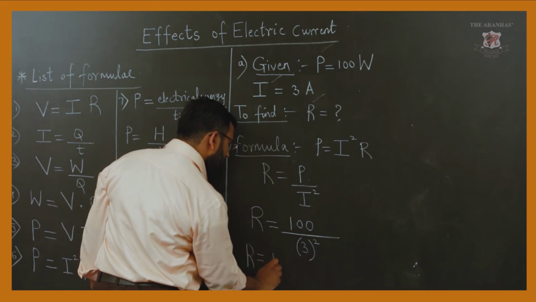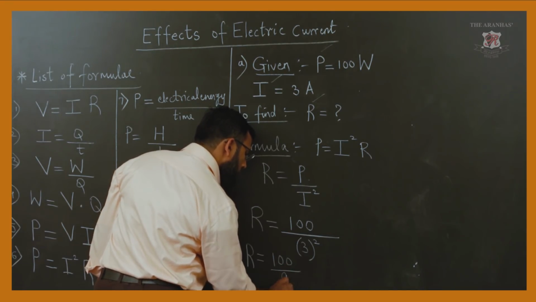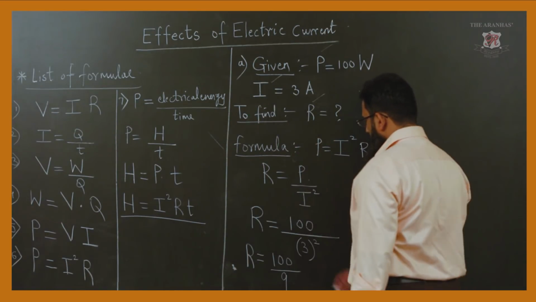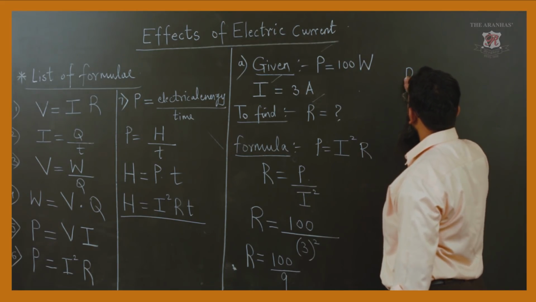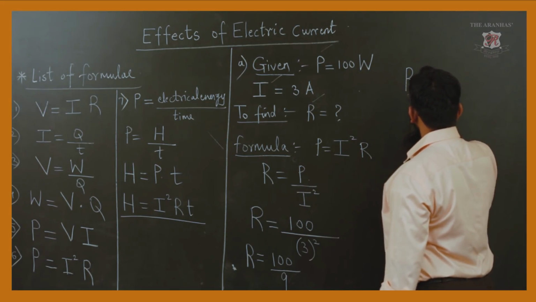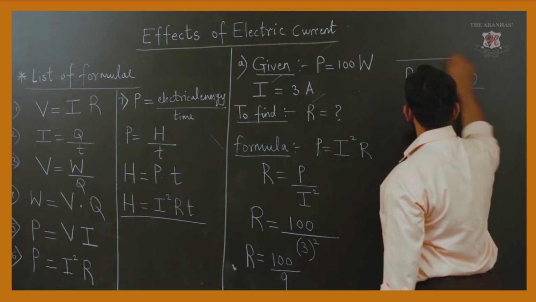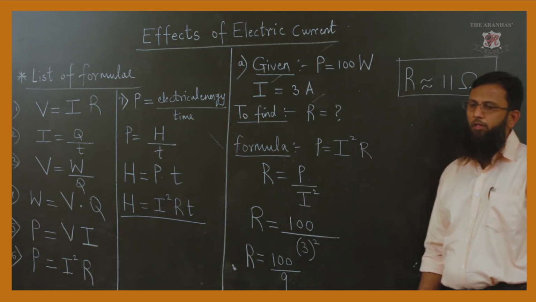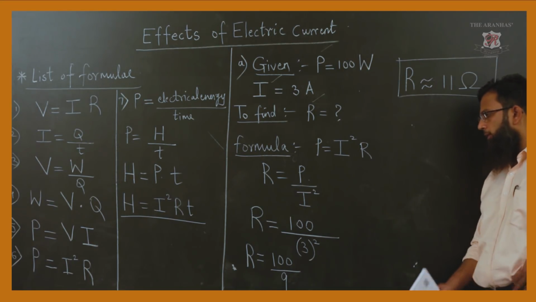So, it will be R is equal to 100 by 9, and if we do this division, the answer comes out approximately to be 11 ohms. So, such kind of numerical can be asked in board exams for 2 marks.